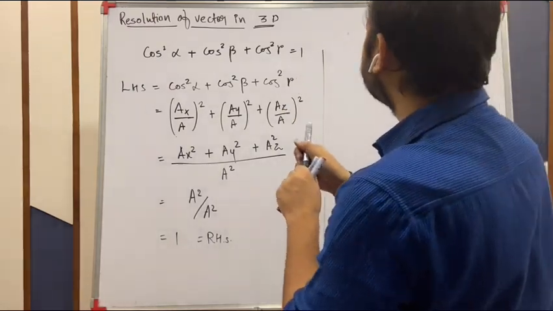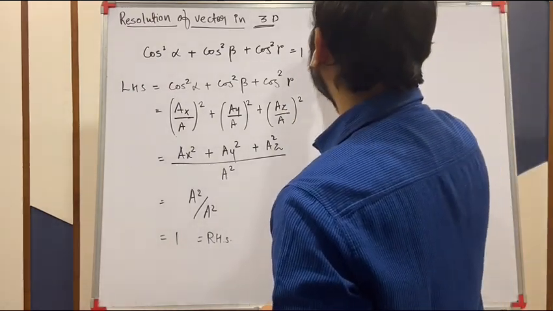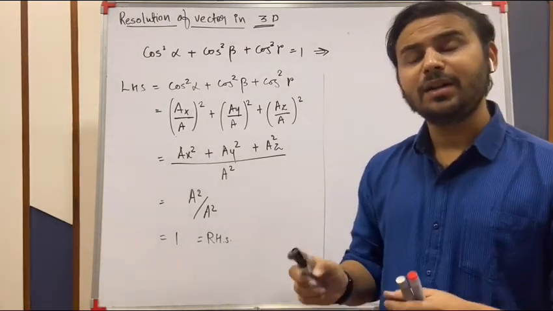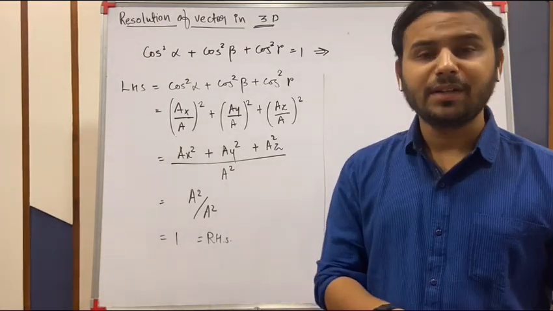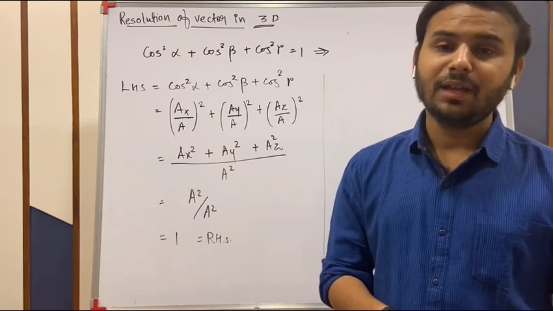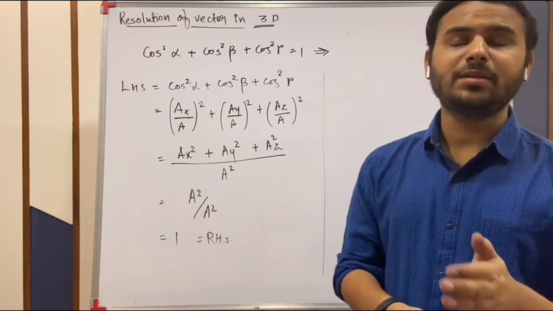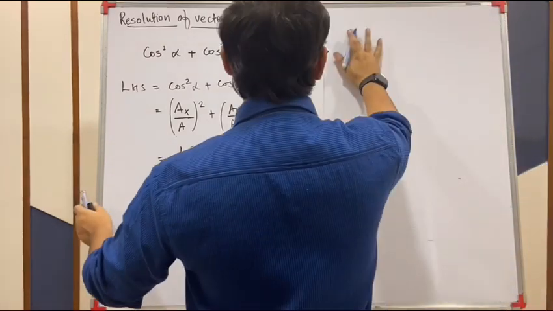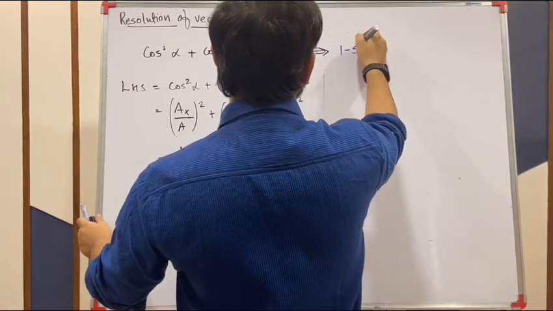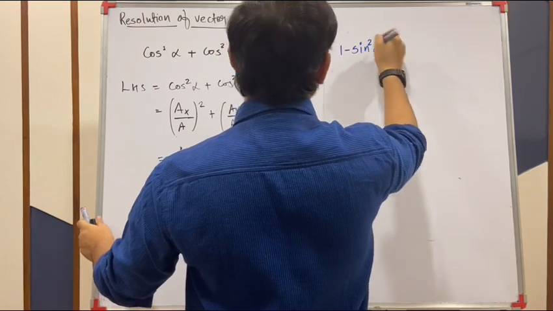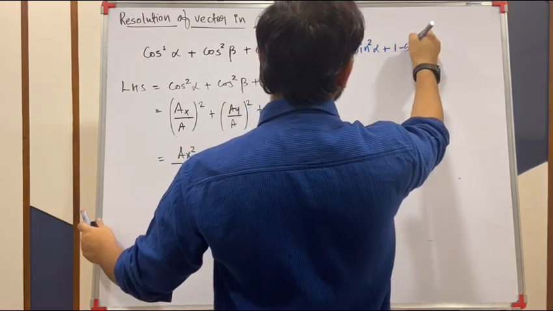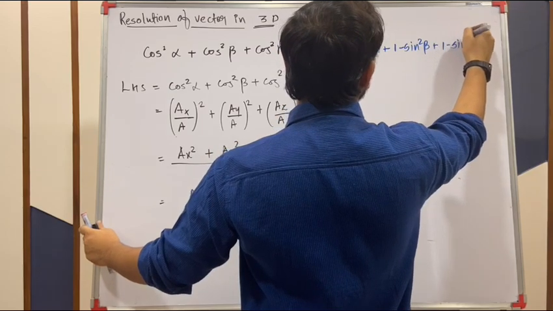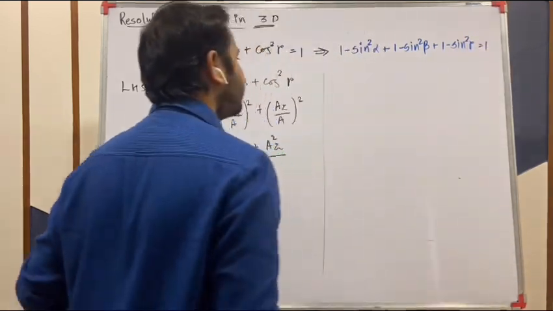Now, cos square alpha plus cos square beta plus cos square gamma, where alpha, beta, and gamma are angles made by vector A with x-axis, y-axis, and z-axis respectively. So, you can say cos square alpha is 1 minus sin square alpha. Cos square beta is 1 minus sin square beta. And cos square gamma is 1 minus sin square gamma, which is equal to 1.